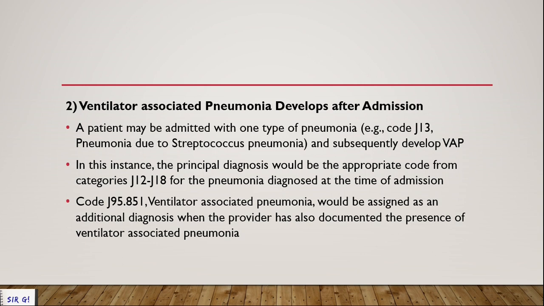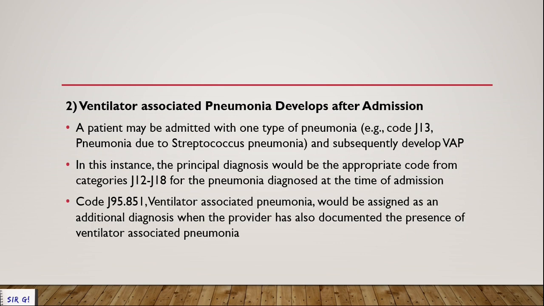Next, what if the patient is admitted with pneumonia due to other causes, and then suddenly develops ventilator-associated pneumonia as well? A patient may be admitted with one type of pneumonia, for example J13 due to streptococcus, and subsequently develop VAP, ventilator-associated pneumonia.